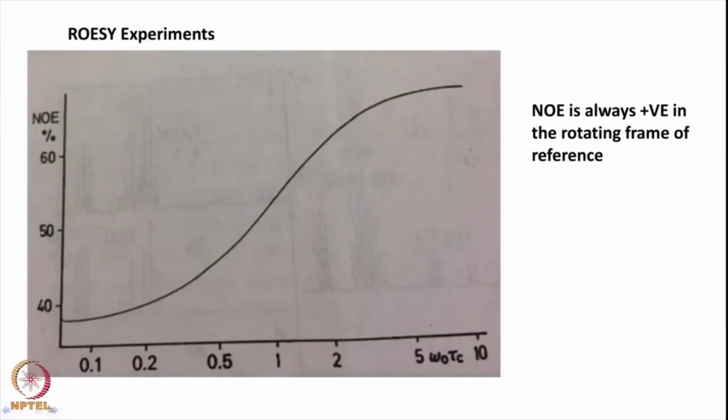If you look here, we can still get positive NOE enhancement even for the bigger molecule, which was difficult in the NOE enhancement that we have seen in the previous lectures. But if you do it in the rotating frame we still get positive enhancement, and that positive enhancement is almost 67%.